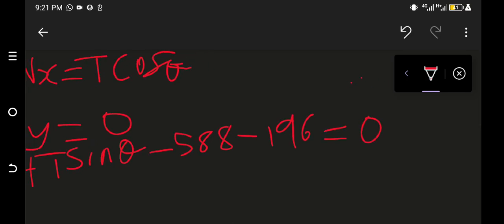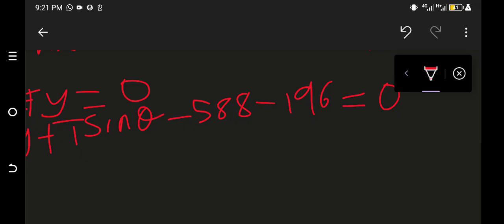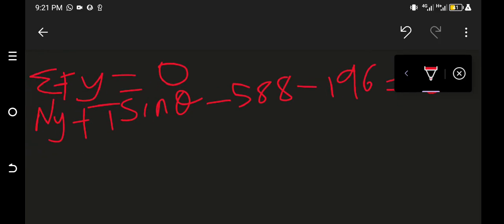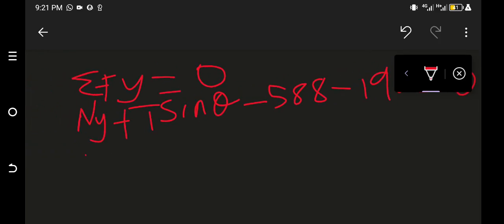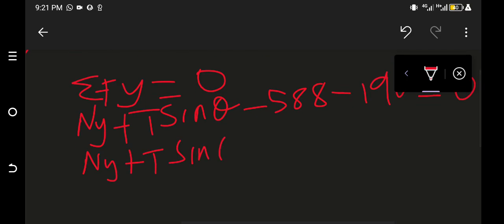So let us simplify the numbers. Negative 588 minus 196, I get negative 784. So Ny plus T sine theta minus 784 is equal to 0.